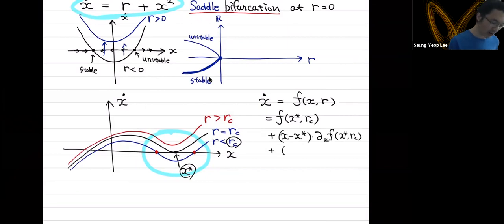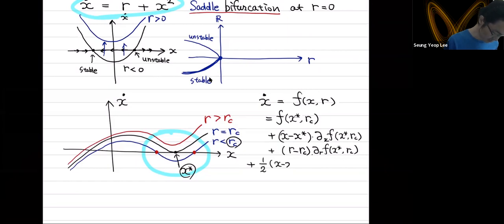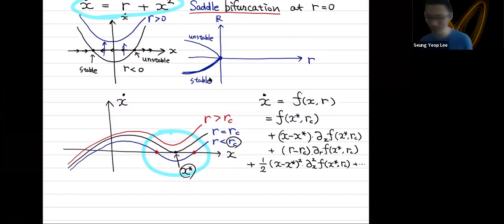And the linear term in r minus r_c, with the partial derivative in r at x star, r_c, and so on. Let's write down also the quadratic term in x, the 1/2 from the Taylor series in x squared, and the second derivative in x, and keep going with higher-order terms. So those are the Taylor expansion.